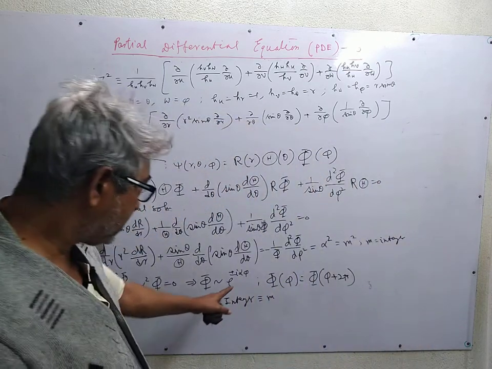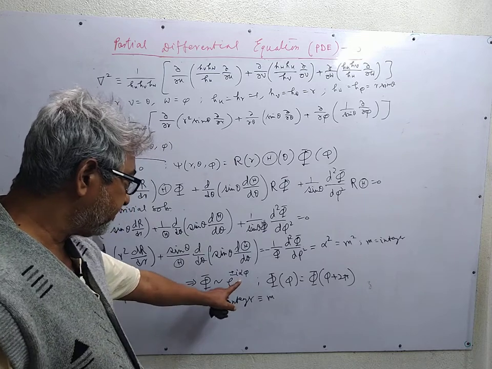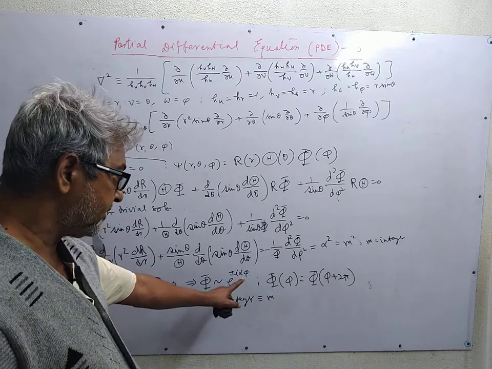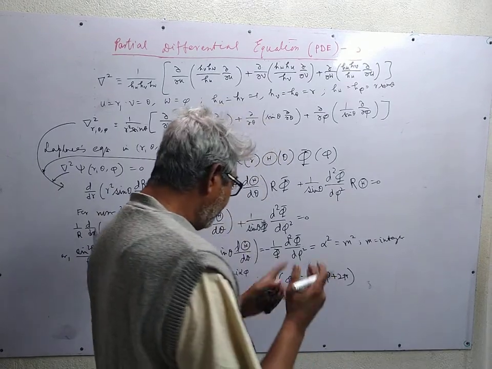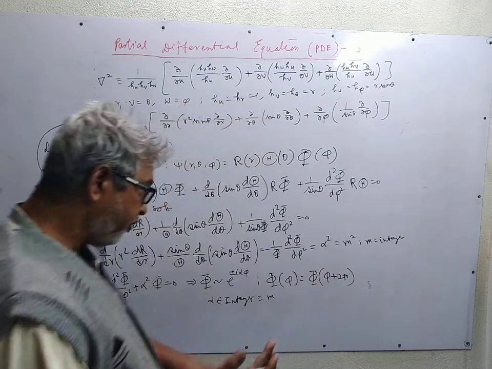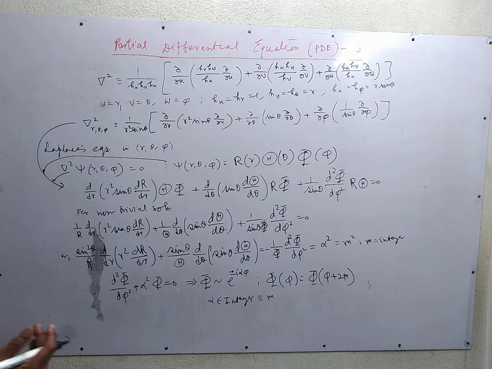Here the solution takes values both plus m and minus m, so we are not writing the solution as a e to the power plus im phi plus b e to the power minus im phi. Rather, we write the solution as e to the power im phi, where m is allowed to have positive as well as negative integral values inclusive of 0.